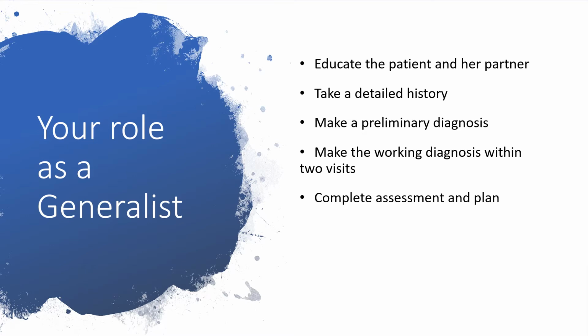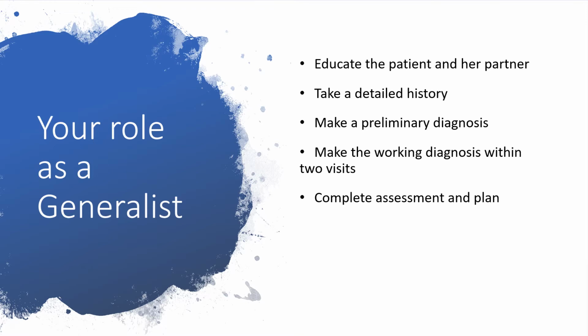Following that, you'll take a detailed history. Most of your evaluation can be done with just the history. You will be able to make a preliminary diagnosis, but you still need to complete some tests and studies, and that should be done within 2 or 3 visits.